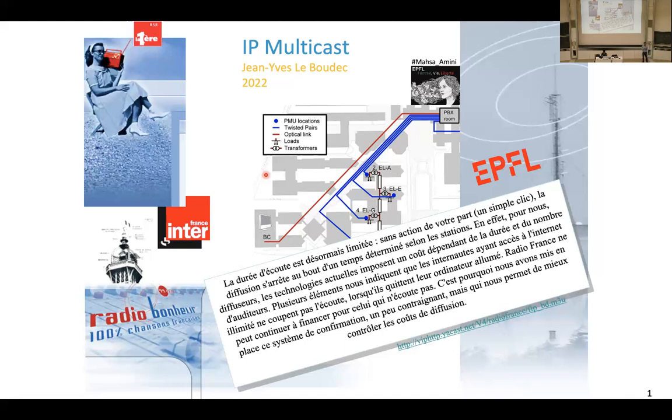So the idea of multicast is to replicate the packet along the way, such that each intermediate point replicates the packet, and the server has less work to do. The goal is to save resources on the server.